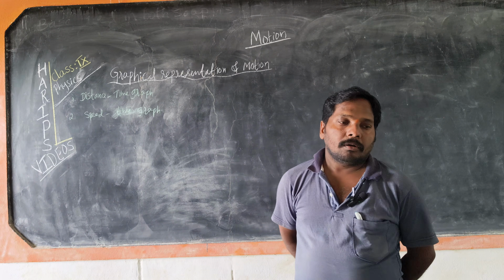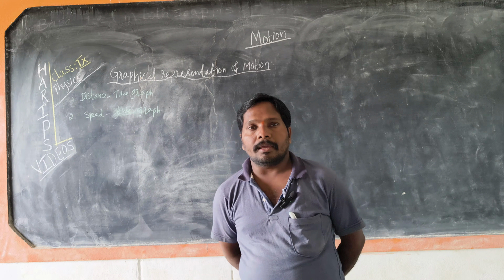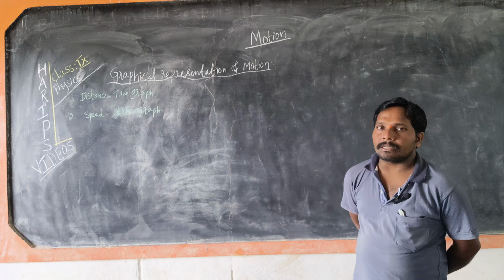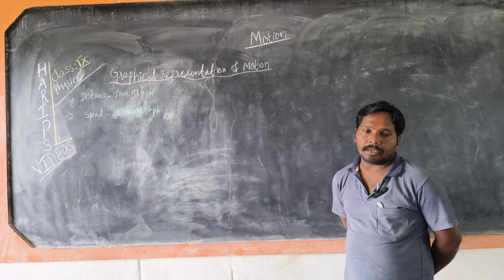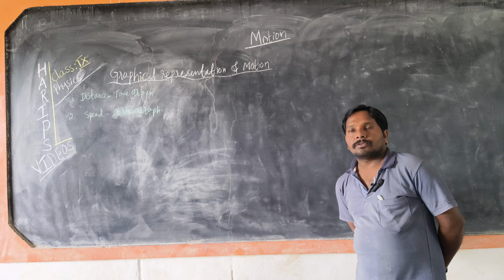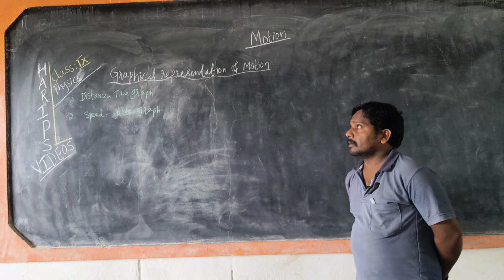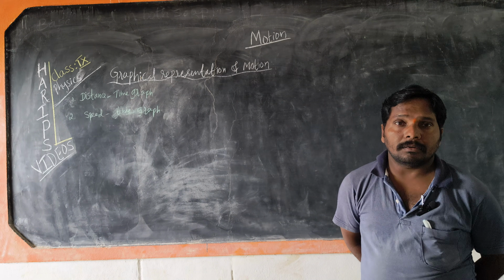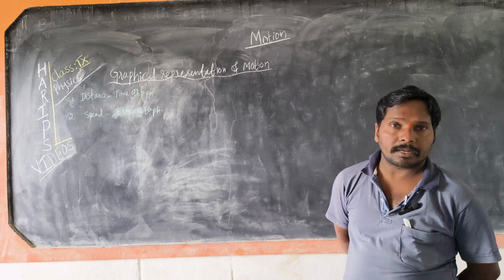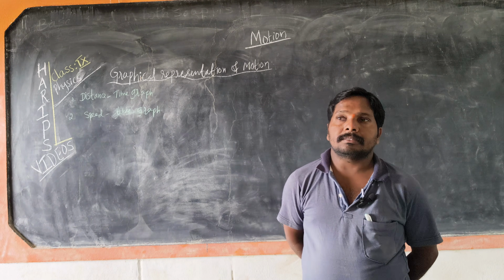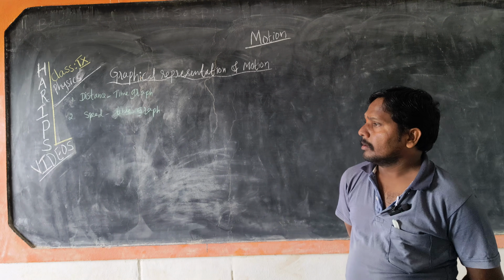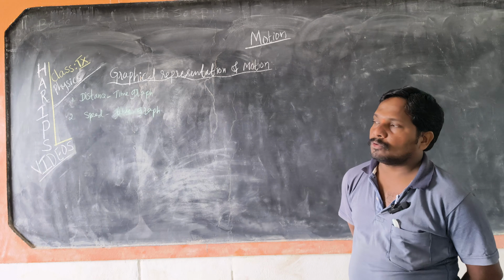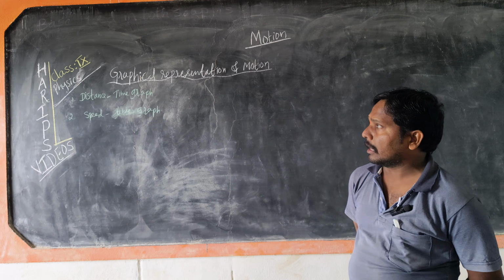So let us describe the motion of a body by drawing graphs. We have two types of graphs.